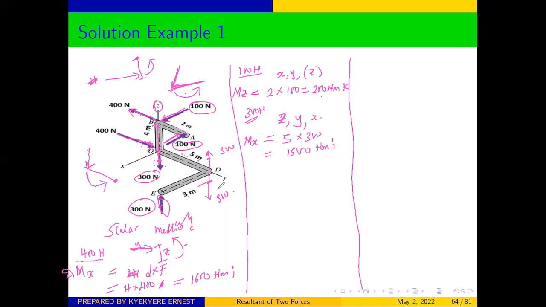Then we do the other side, which is this one and that one. Now the forces are still in the z direction, but our perpendicular distance between the two of them is in the x. Therefore, our rotation is going to be in the y. So we can say that our My will be equal to the 300 times the perpendicular distance between them, which is 3. But now let's look at the direction.